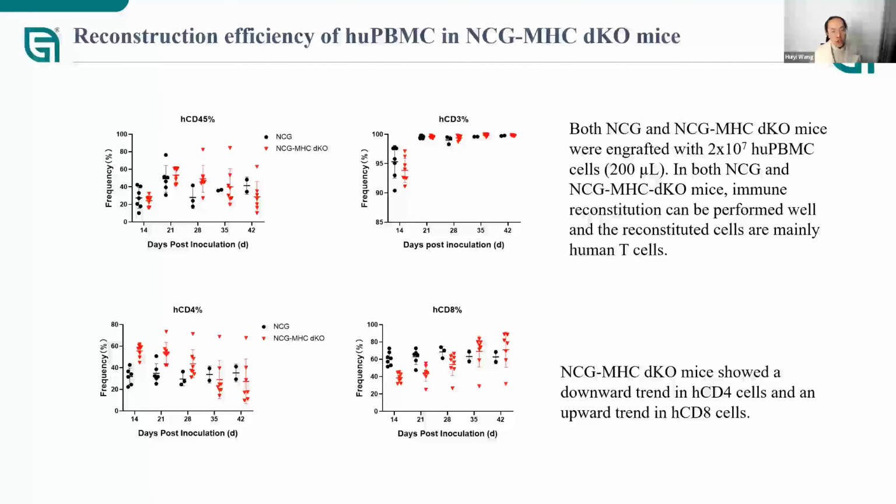Both NCG and NCG MHC-DQ mice were engrafted with the same PBMC cells, and we can see the immune reconstitution can be performed well, and nearly all of the reconstituted cells are human T cells.